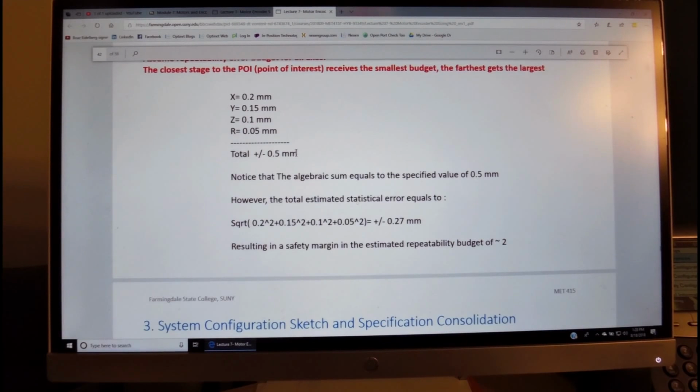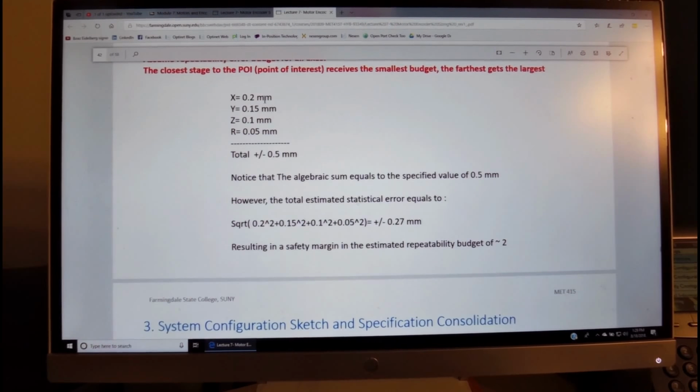We have to understand that the repeatability at the point of interest, which is specified as 0.5 millimeter, is a contribution of the repeatability of the x-axis, y-axis, z-axis, and r-axis. So if we allocate a certain budget, and this is typically done by an experienced engineer, it takes quite an experience to come up with these numbers to start with.